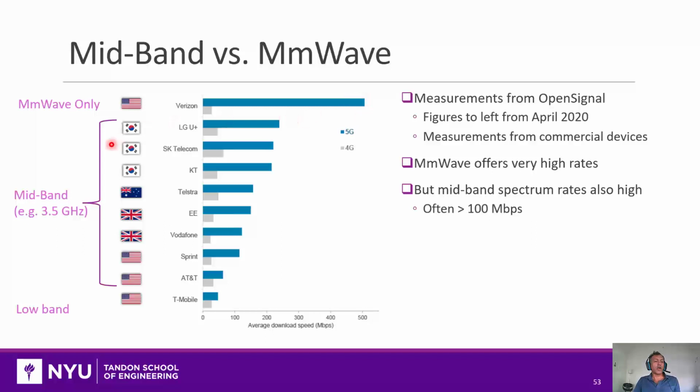But a large number of carriers, particularly in Europe and in Korea, have gotten very good performance with what's called the mid-band spectrum, which has been the dominant focus of a lot of interest by carriers in the last number of years. You don't have quite as much bandwidth as millimeter wave, but you have a large amount, and you're getting networks where you're seeing 100, 200 megabits per second.